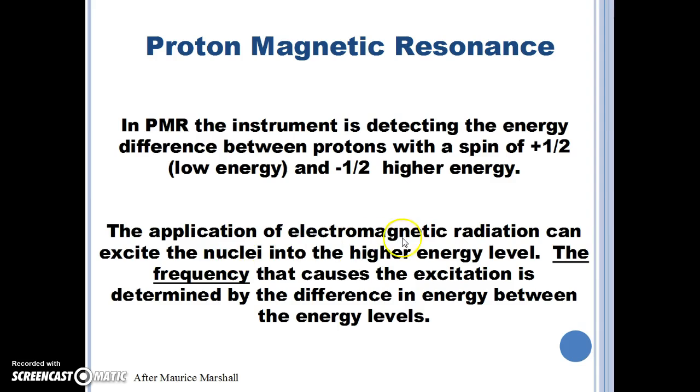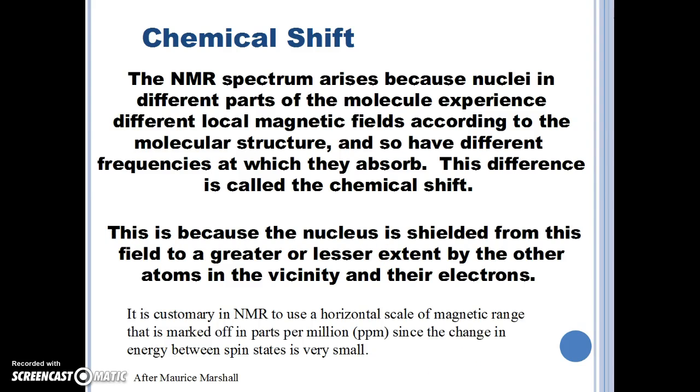So we apply electromagnetic radiation to excite the nucleus into the higher energy level, and the frequency at which that happens is going to tell us something about the structure. The NMR spectrum arises because nuclei in different parts of the molecule have different magnetic fields because of what's next to them.